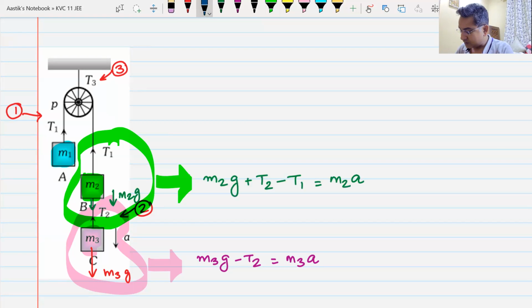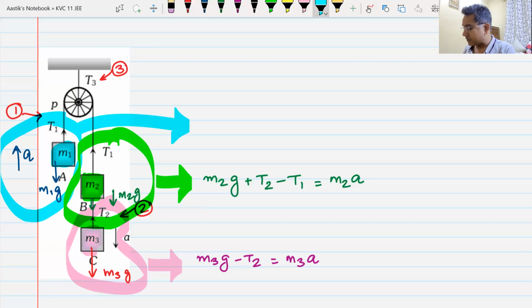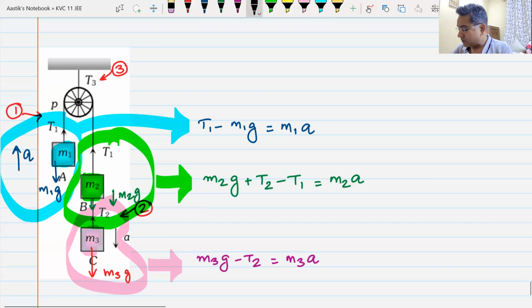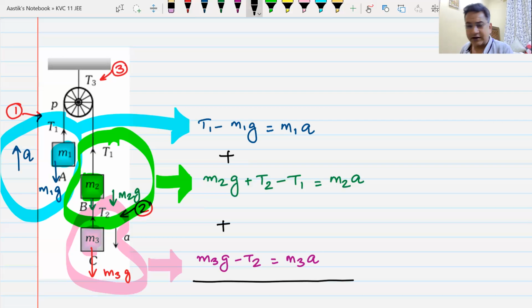For the blue block, M1G is downwards, but this blue block is moving upwards with an acceleration A. What will be the equation for this blue block? It's moving upwards, so T1 minus M1G is equal to M1A. Now you just need to add up all these three equations, and you get the value of A. And what is the value of A that you are going to get?